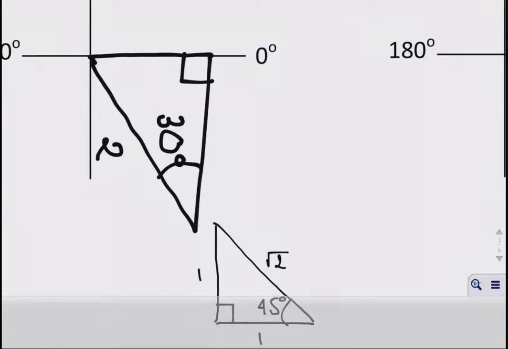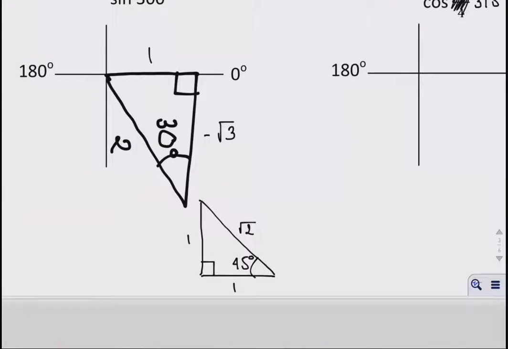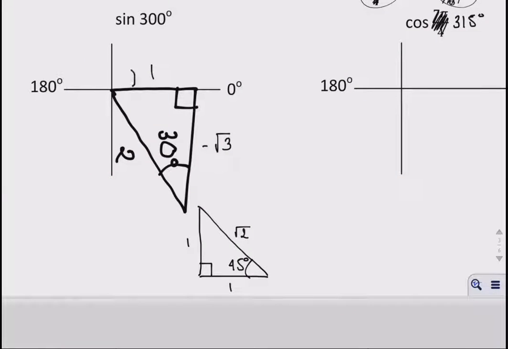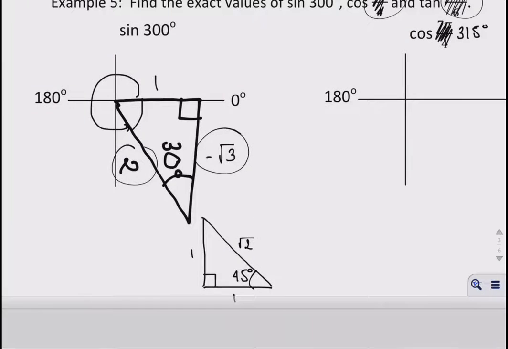So in this case, I have negative root 3, and I have positive 1. Now we know sine of 300, well, that goes from here to here, is going to be the same as the sine of the reference angle, which is negative root 3 over 2. So the answer to this one is equal to negative root 3 over 2.